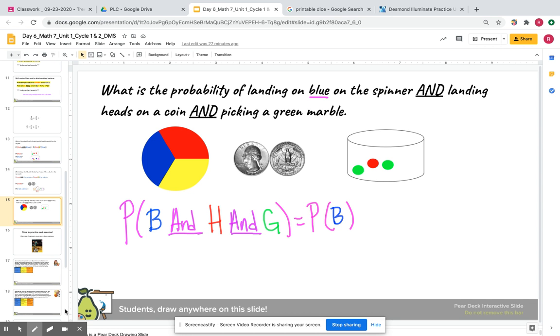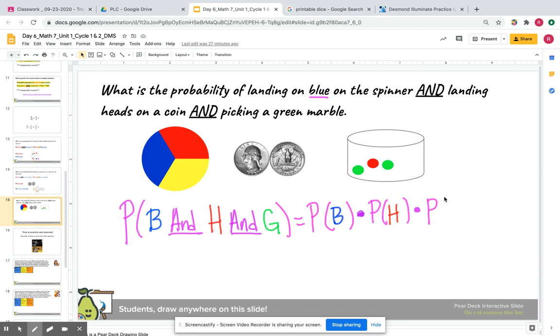The word and means multiply, so we're gonna go ahead and in purple draw a big dot for multiplication. And we're also finding the probability of landing on heads. So I'm going to write in red for heads, H for heads, and that means multiply again times the probability of picking the green marble.